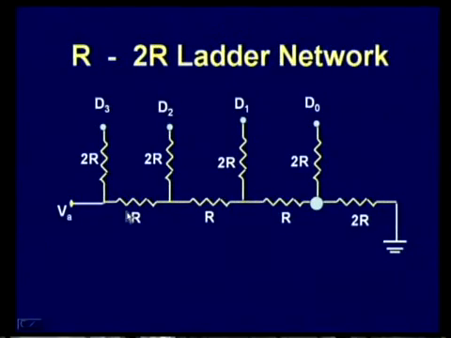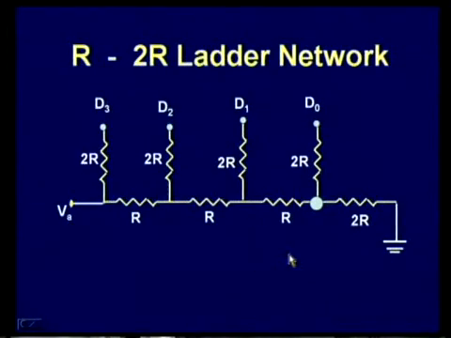Through these input terminals D3, D2, D1, D0, we are going to feed the digital bits. Across this resistor, we get the output. Here VA stands for the analog voltage.